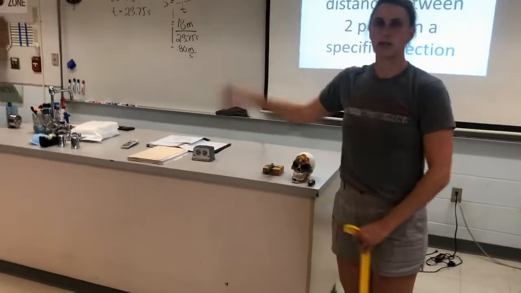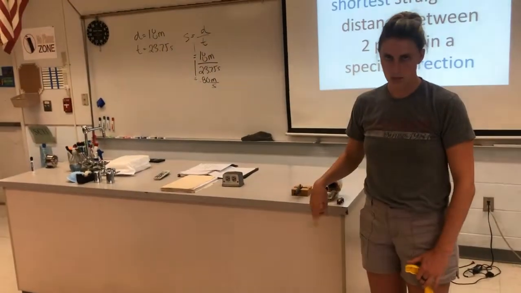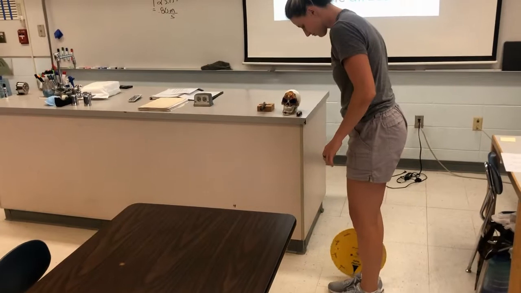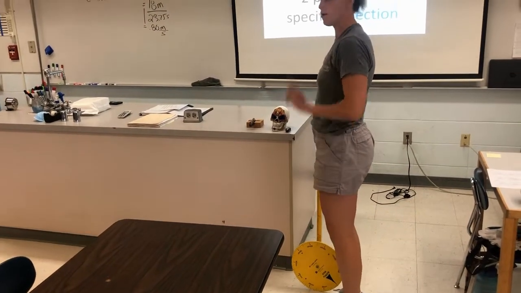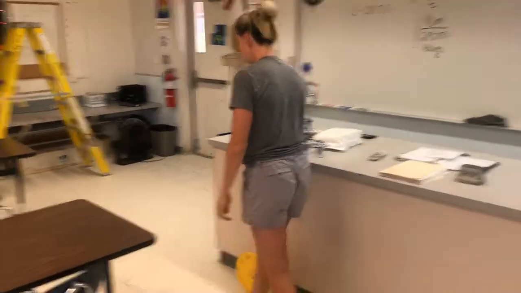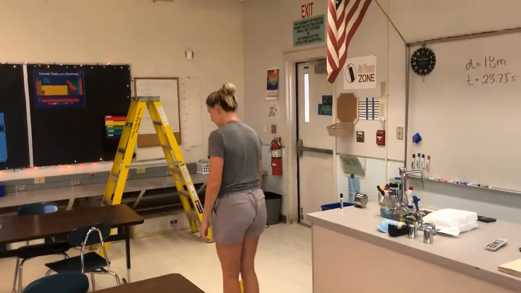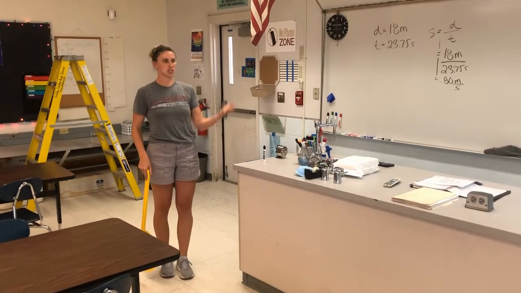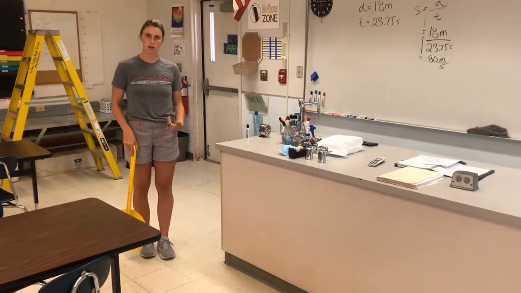So that was 3 clicks, which gives me 3 meters. Now, what is the difference if I walk this way? 1, 2, 3. They're both 3 meters, but I'm just changing the direction that I walk.